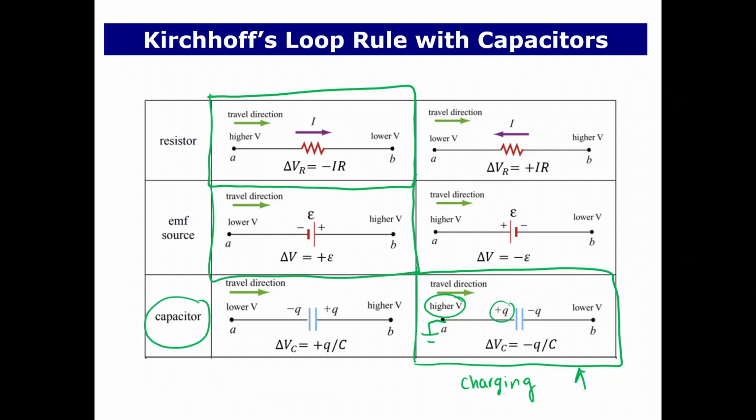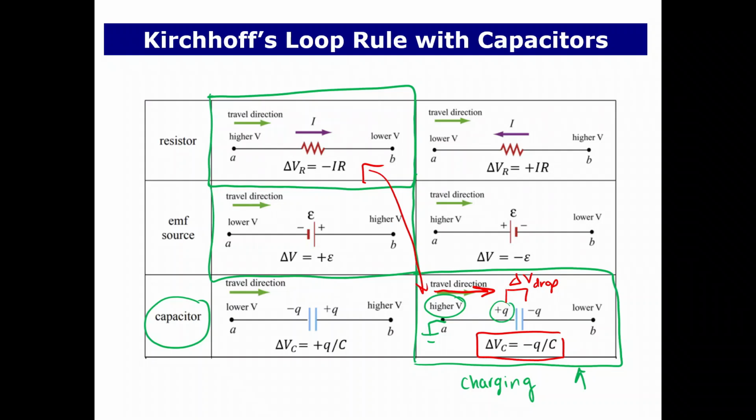If the travel direction for your loop is the same direction that your conventional current would flow into that capacitor to charge it, then your delta VC is equal to negative Q over C. You're going to have a voltage drop across that capacitor that is dependent on the charge and the capacitance. Okay, so that is going to be your equation. That's like your resistor, where you're experiencing a voltage drop.